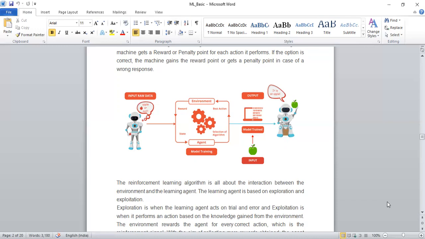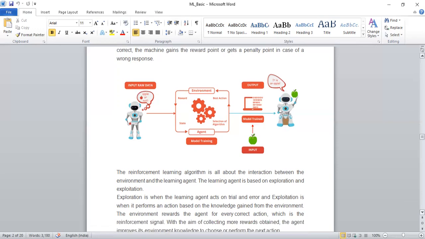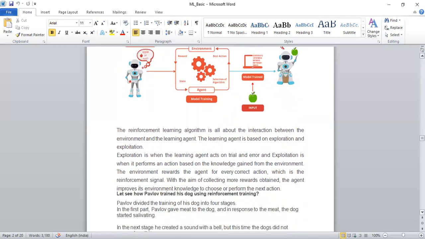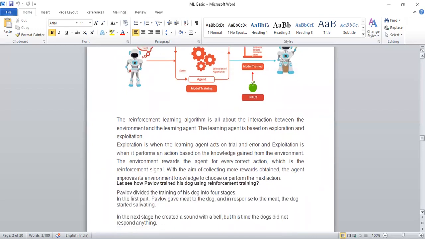Exploration is when the learning agent acts on trial and error, and exploitation is when it performs an action based on the knowledge gained from the environment. The environment rewards the agent for every correct action, which is the reinforcement signal. With the aim of collecting more rewards, the agent improves its environment knowledge to choose or perform the next action.